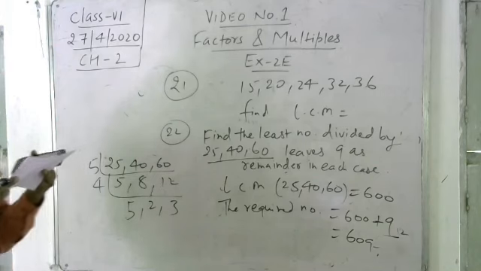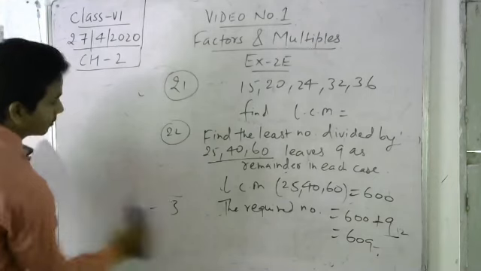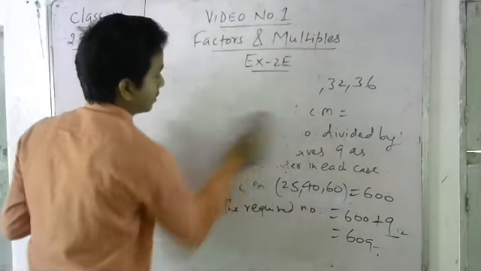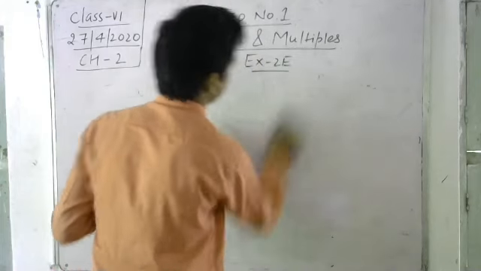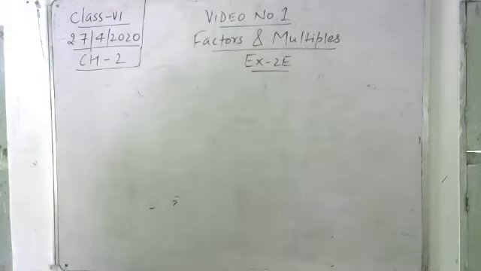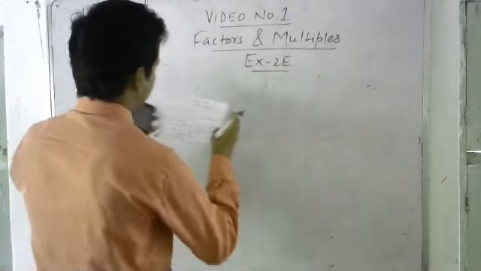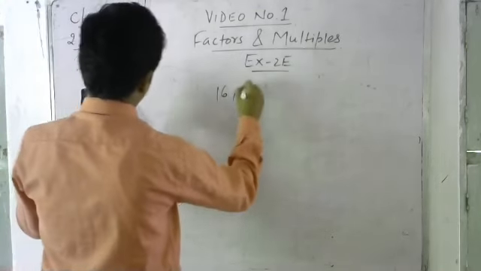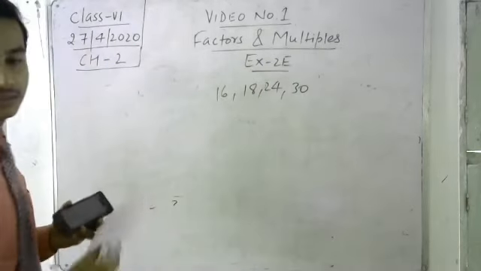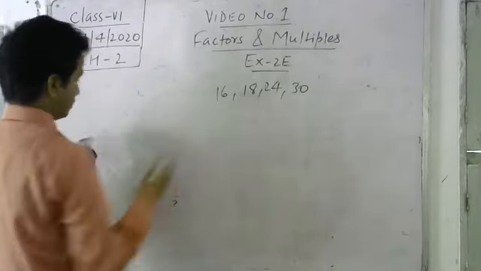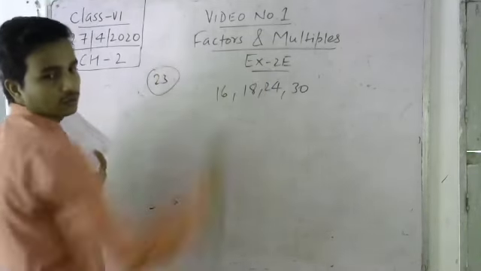Now the next question is 23. In question number 23, find the least number of 5 digits exactly divisible by 16, 18, 24 and 30. This is question number 23 of exercise 2E.